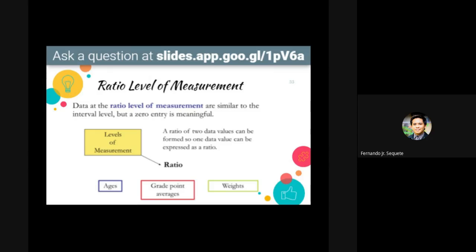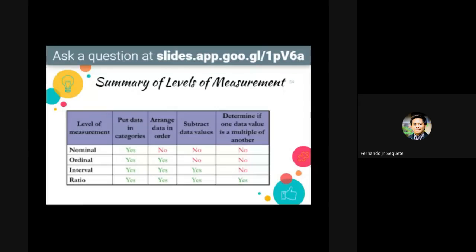Okay, let's try to look at the summary of levels of measurement. Put data in categories, arrange data in order, subtract data values kung pwede, and then determine if one data value is a multiple of another. Again, sa nominal, put data in categories, pwede. Colors of shirts, favorite colors, colors of flags of Philippines.